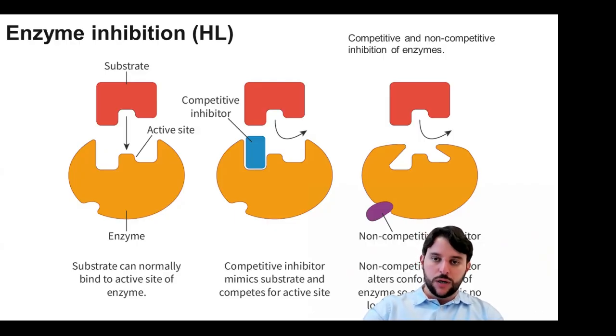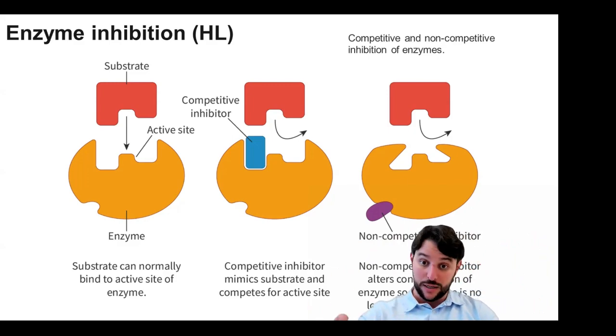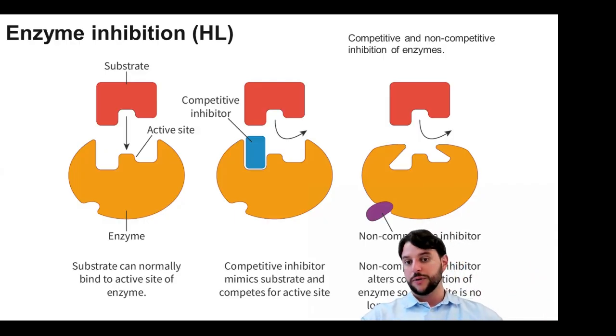In contrast with competitive inhibition, we have non-competitive inhibition. I make a joke that they're not even competing, because it's so effective that you don't even need to compete. You just win. So what is a non-competitive inhibitor? It's a chemical compound, it can be a drug, that is going to bind to another region of the enzyme, to other amino acids.